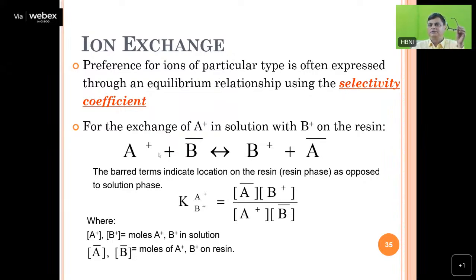So what is the selectivity coefficient? Basically, for the exchange of A positive ions in the solution with B positive ions. We are giving an example of the cation exchange, and the bar terms indicate location on the resin, as the resin phase as opposed to the solution phase. So this is how the selectivity coefficient is defined and given.